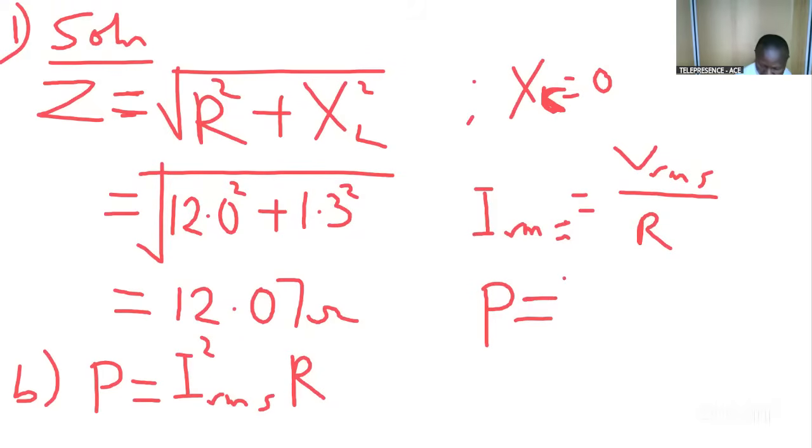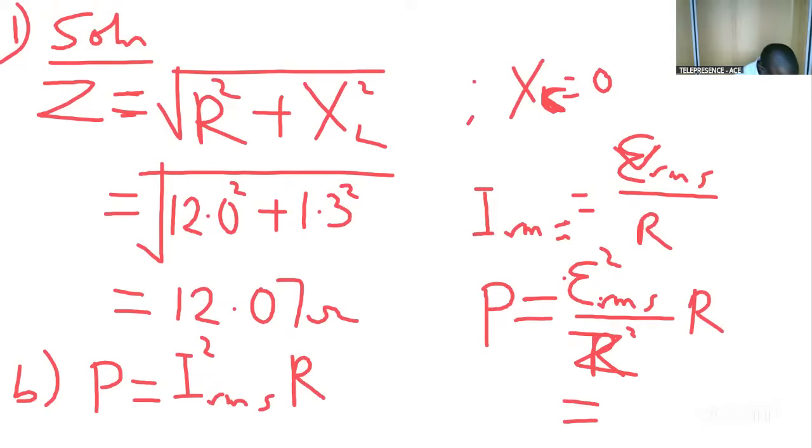So P will now be V RMS squared over R, and this will be 1.19 times 10 raised to 3 watts.